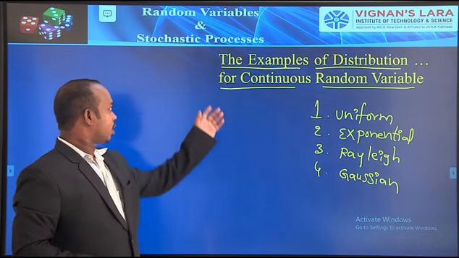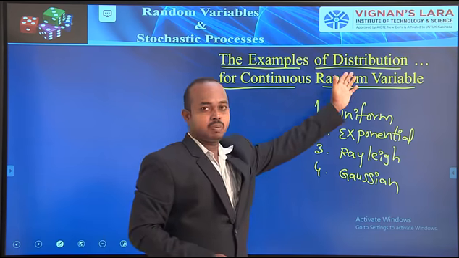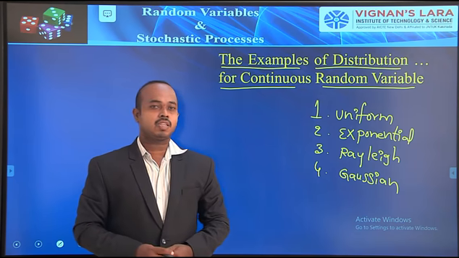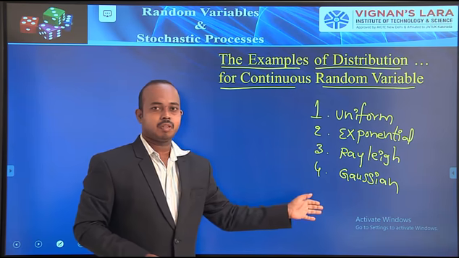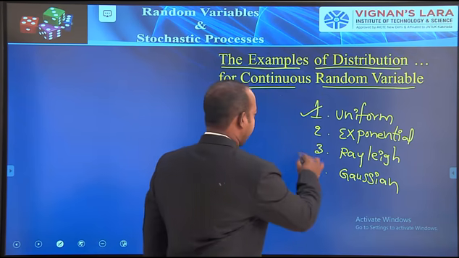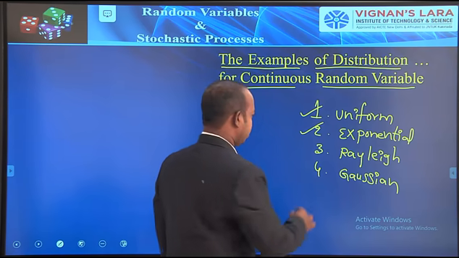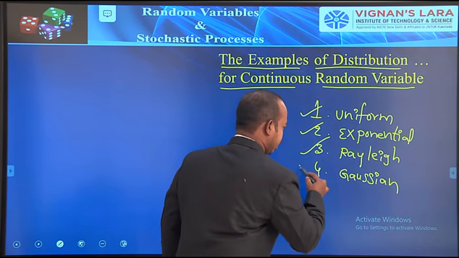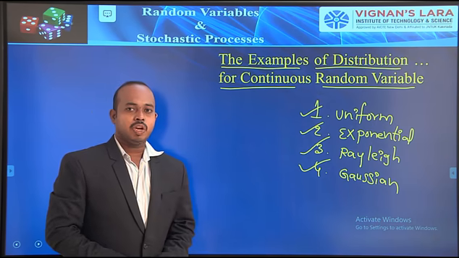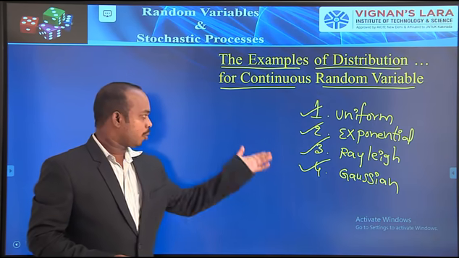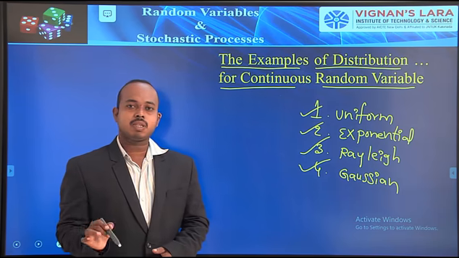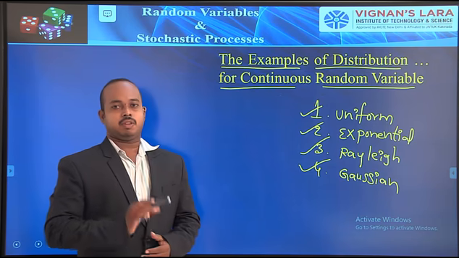When you consider the examples of distribution for a continuous random variable, we are mainly discussing these four: the examples of distribution and density functions.